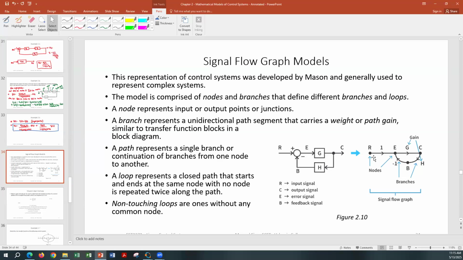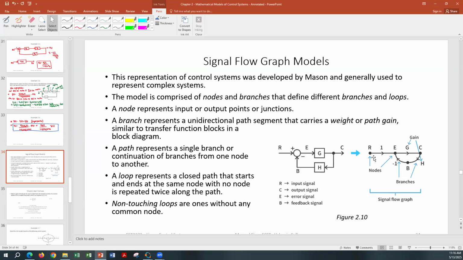There are some terms, of course. A node, as I said, represents your input or output points, or basically signals. A branch represents a unidirectional path segment that carries a weight or a path gain, similar to the transfer function. A path represents a single branch or continuation of branches from one node to another node.